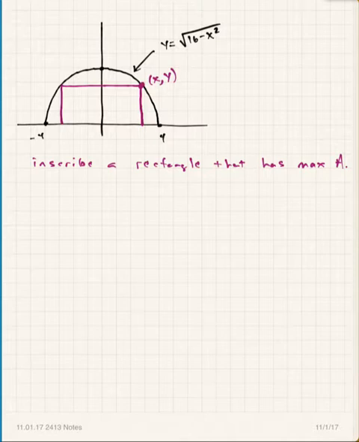Some of those rectangles are tall and skinny. Some of them are really flat and very low down, very narrow. And we're looking for the one that has the maximum area.